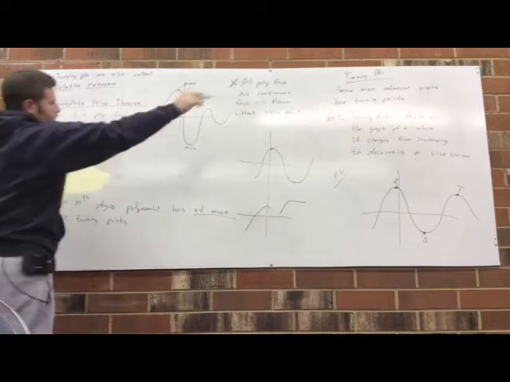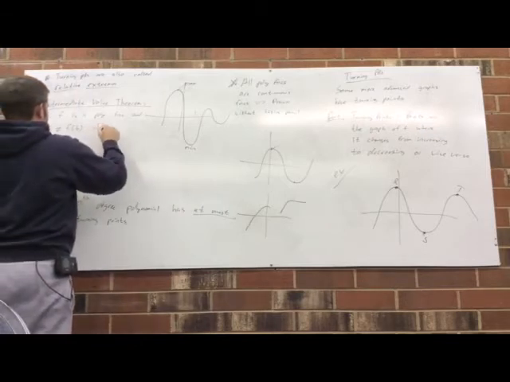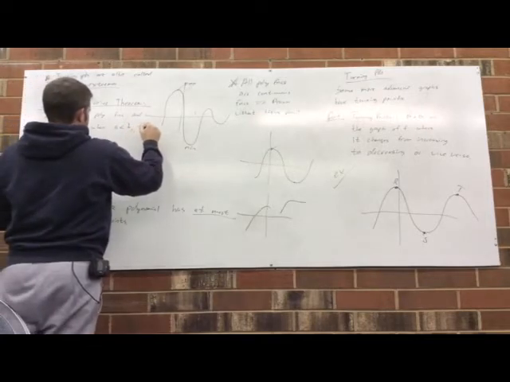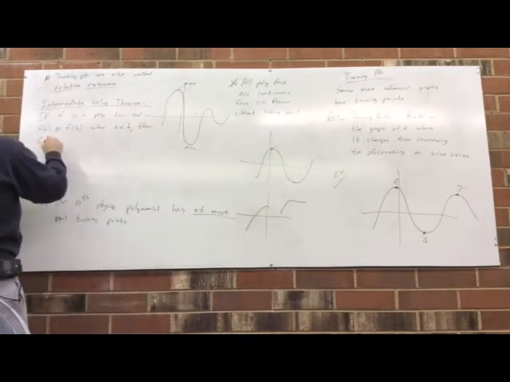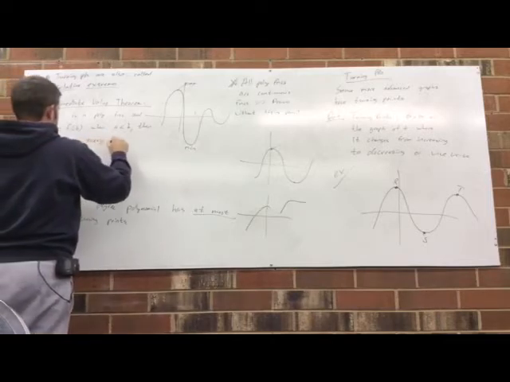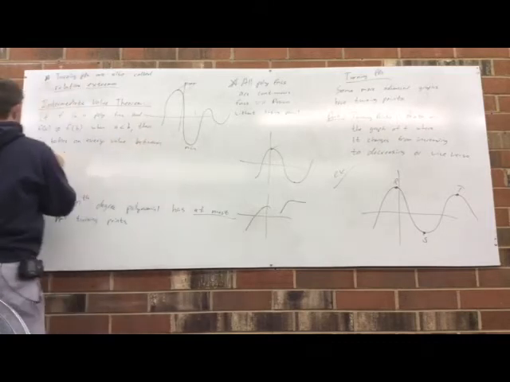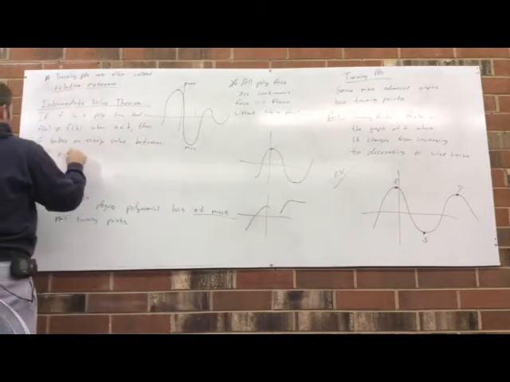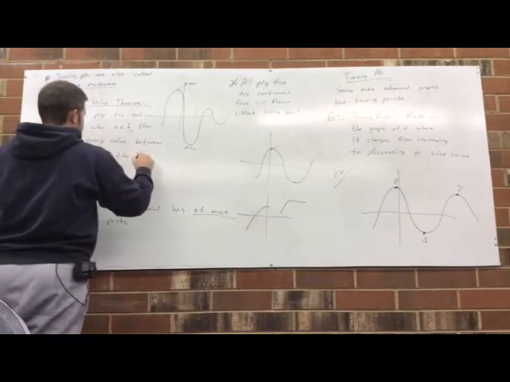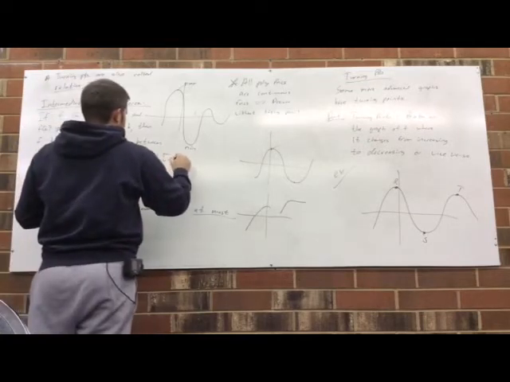So in other words, we don't have a straight line. f of a is not equal to f of b when a is less than b, then f takes on every value between f of a and f of b on the interval, recognize it's a closed interval, ab.